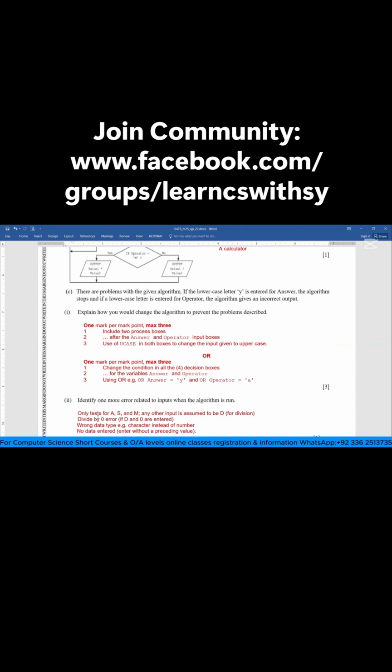Maybe the wrong data type, exactly. Maybe a person has entered a character instead of a number, because we're not performing any validation check here. Or no data is entered, it's all blank. So these are all the options available. A student can choose any of these, and his answer will be considered correct.